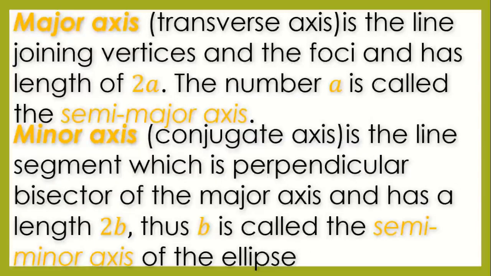Okay? Minor axis yon. At ang length ng minor axis, 2b. Yung kalahati ng 2b na si b, siya yung tinatawag na semi-minor axis ng ating ellipse. So, napakaraming parts nitong ellipse na to. I want you to ulit-ulitin na panoodin itong video na to para maintindihan yung mga parts ng ating ellipse.